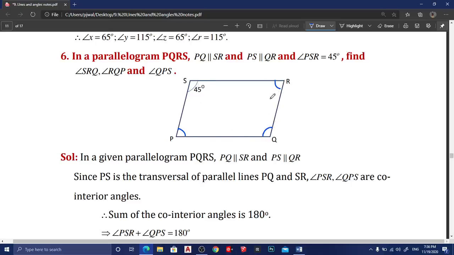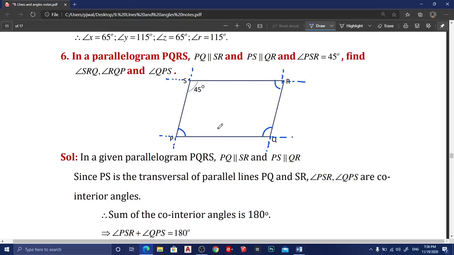If you extend these lines like in the previous problem, you can understand that those lines intersect each other. If I extend this line and this line, these two are parallel lines, and this becomes the transversal line.